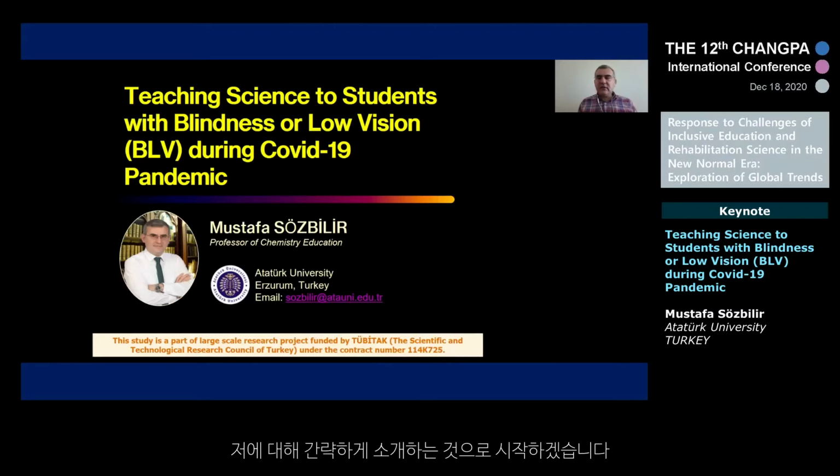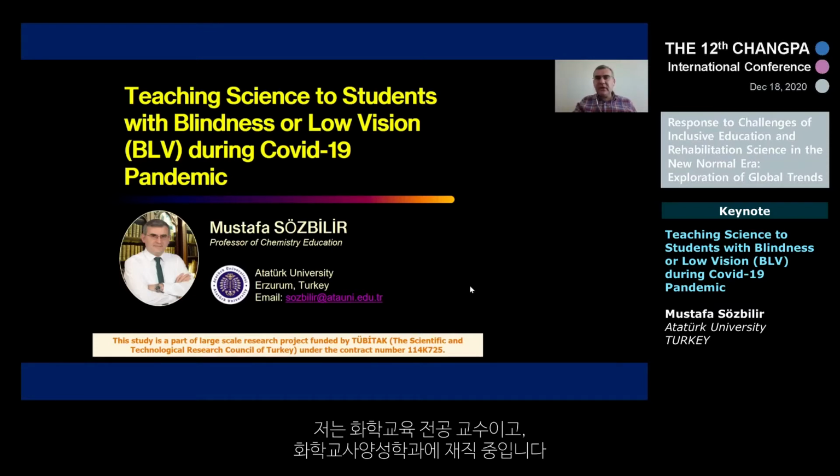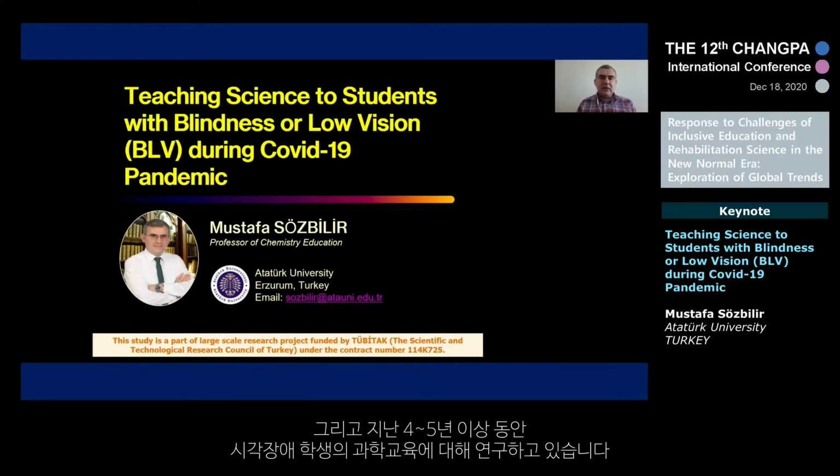And I would like to start by giving brief information about myself. I'm a professor of chemistry education working in the chemistry teacher training department. And in the last more than 5 years, I've been working on teaching science to visually impaired students.